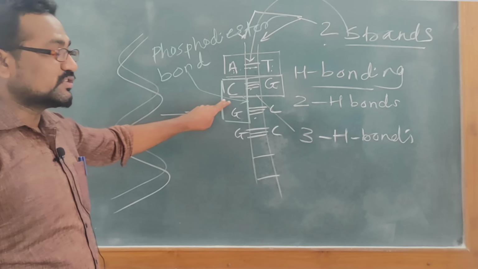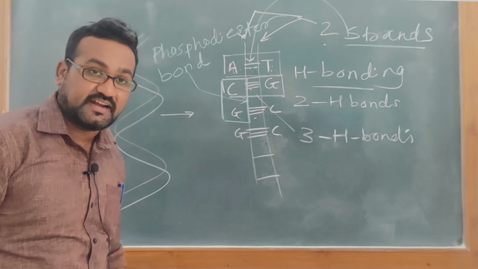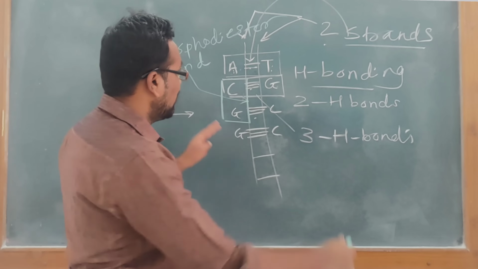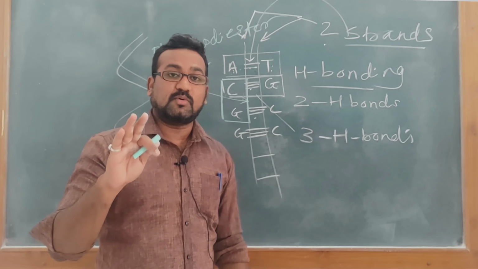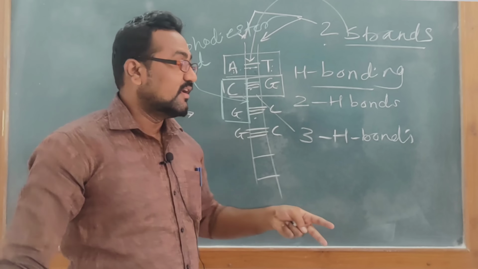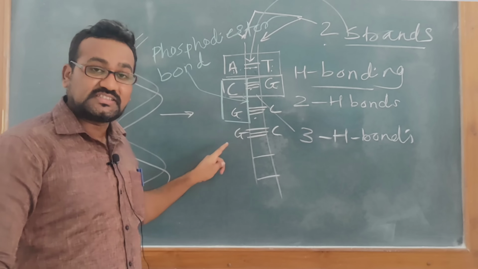The phosphodiester bond is present between two nucleotides of one strand, and the hydrogen bond is present between two nucleotides of different strands. Try to understand this. The hydrogen bond is always between two nucleotides of different strands, and the phosphodiester bond is present between two nucleotides of one strand.